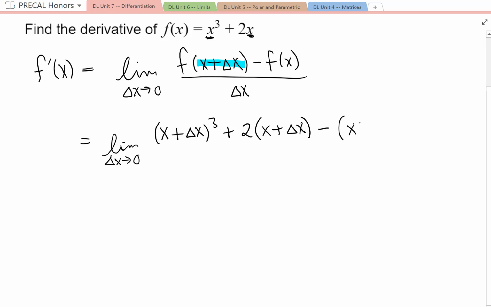Be sure to distribute that negative. Okay, all of the binomials we're going to expand or distribute in some way.